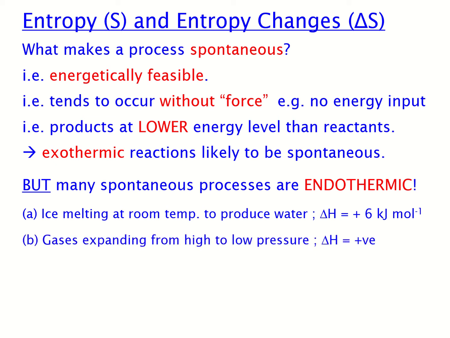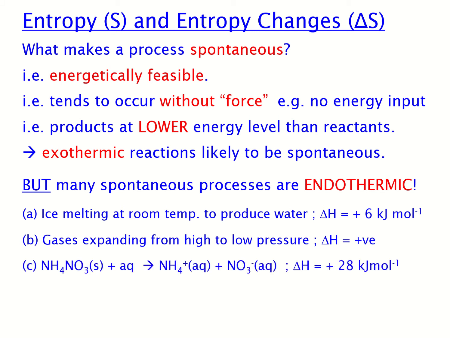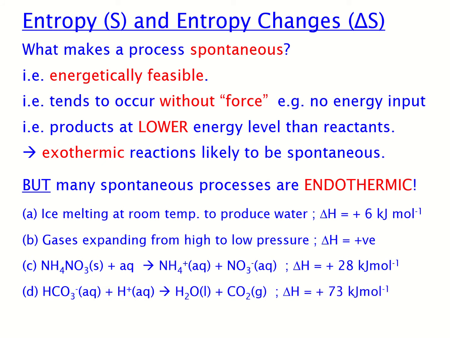We don't need to give it any particular input of energy or input of force. Expansion of gases, dissolving this ammonium nitrate we have there, and then an acid-base reaction between a carbonate ion and a hydrogen ion requires quite a significant input of energy. You can see the last one there, but nonetheless it still occurs spontaneously at room temperature.